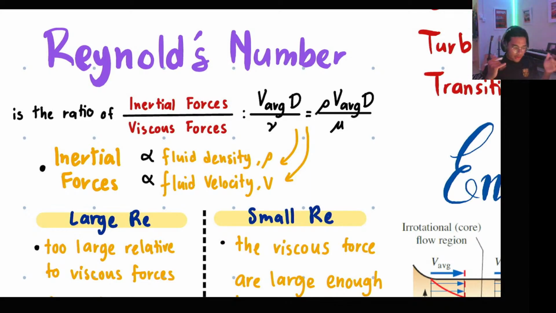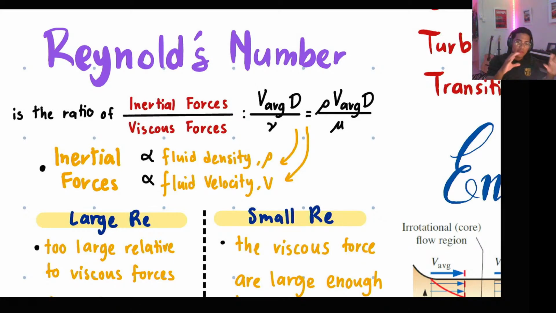Reynolds number is the ratio of inertial forces over the viscous forces. So what does that mean? Inertial forces is basically the force that makes the fluid go or makes the fluid move. You know, like you have a bottle, and then you shake it. Most of the energy is inertial forces. You move the fluid. Viscous forces is the force that restricts the flow of the fluid basically.